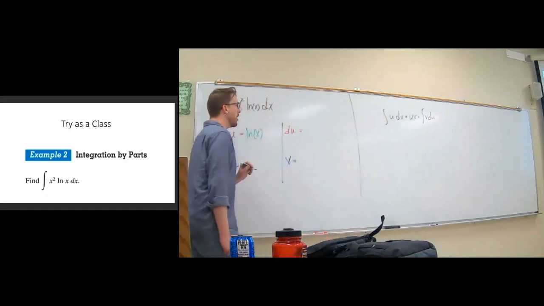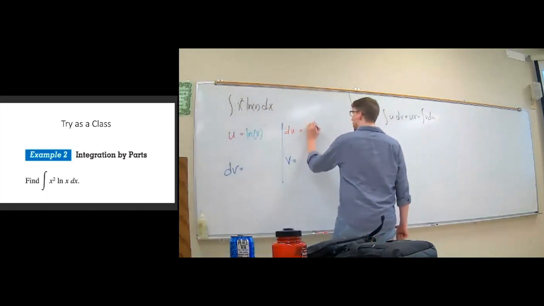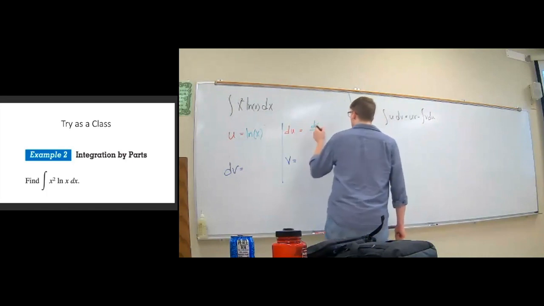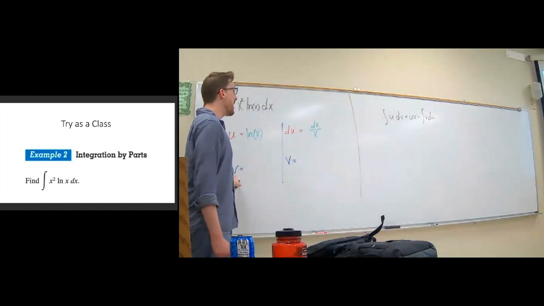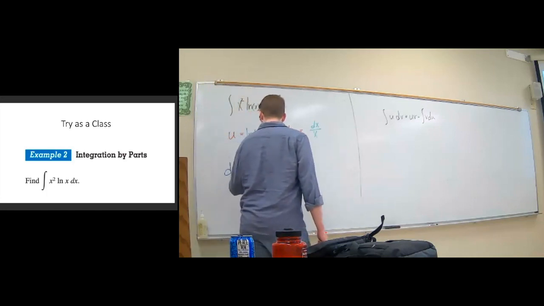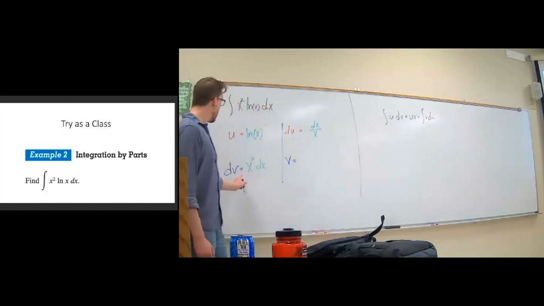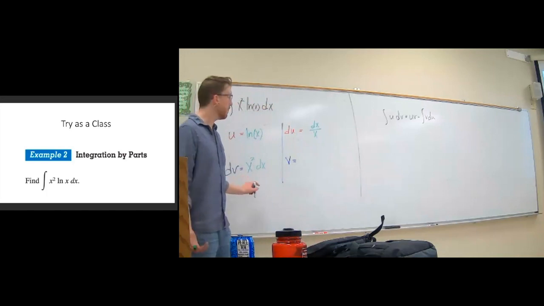Then du is going to be equal to 1 over x dx, or dx over x. If that's the case, then dv has to be equal to x squared dx. And v would have to be equal to 1/3 x to the third, right?